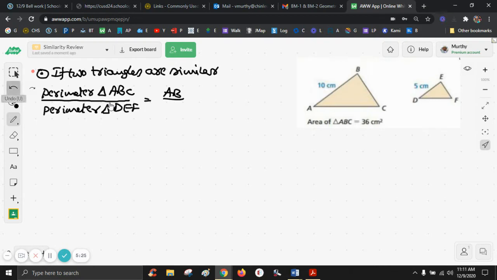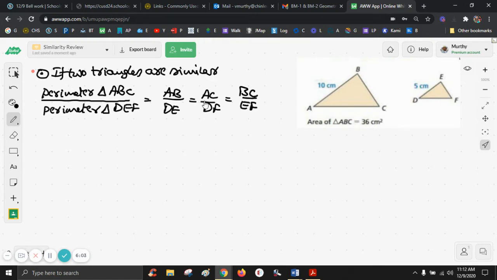So you have to take AB over DE equals AC over the corresponding side DF, equals the third side BC over the corresponding side EF. Which side you take, you can take any one of them.